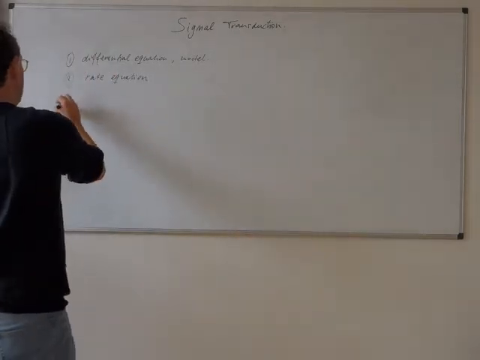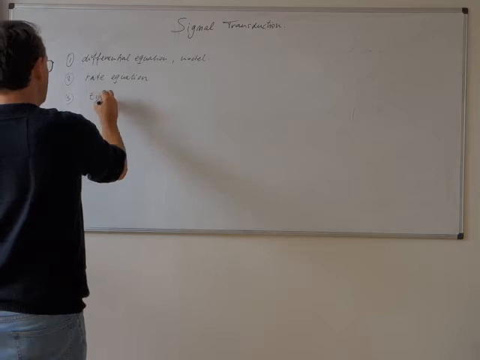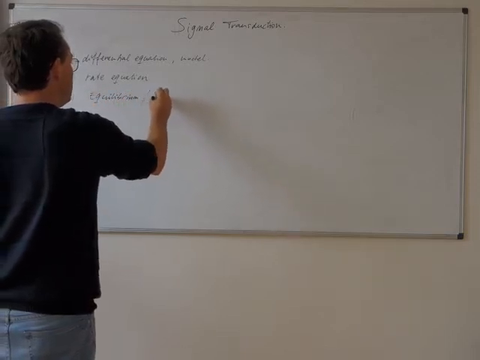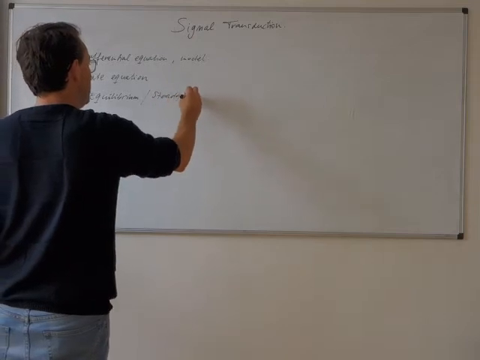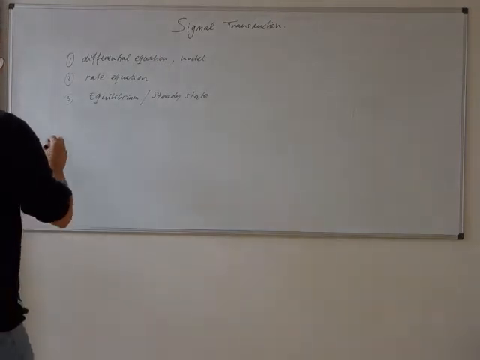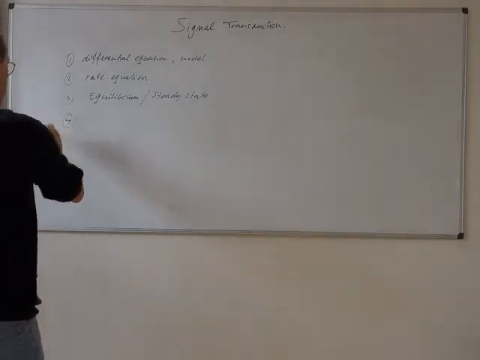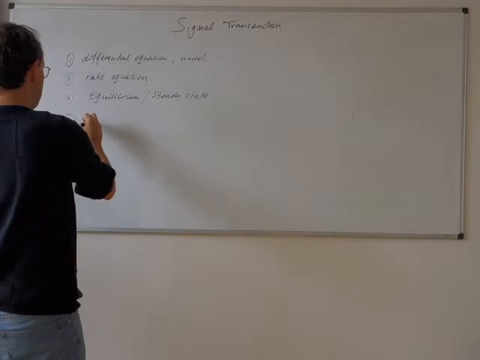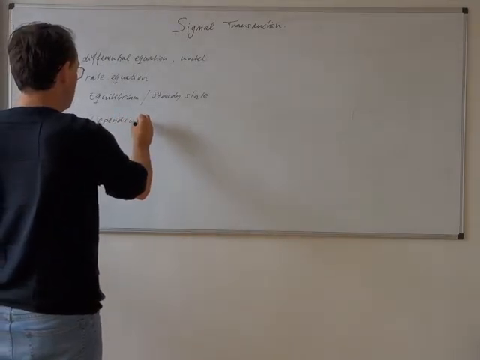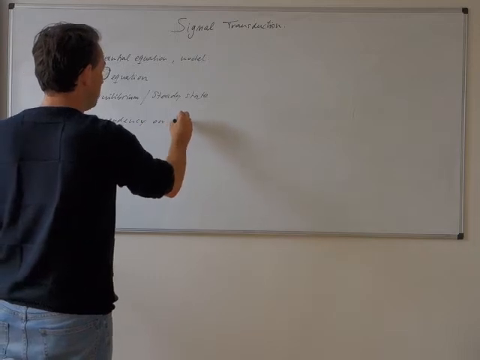And then we need to figure out whether there is an equilibrium state or a steady state. And we want to see how this equilibrium state or steady state depends on the signal concentration.